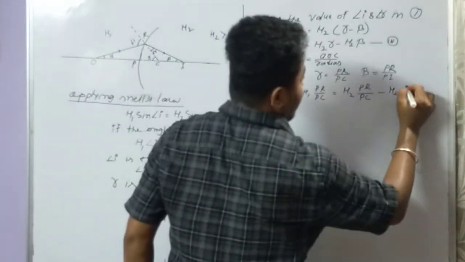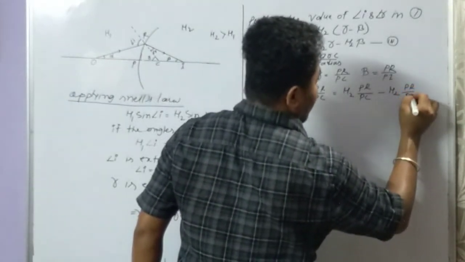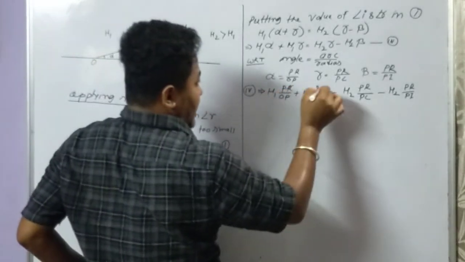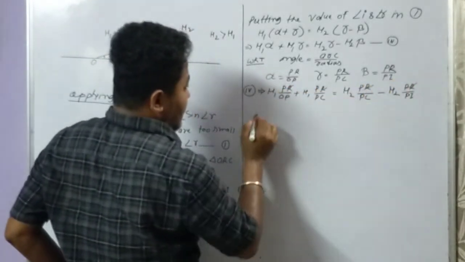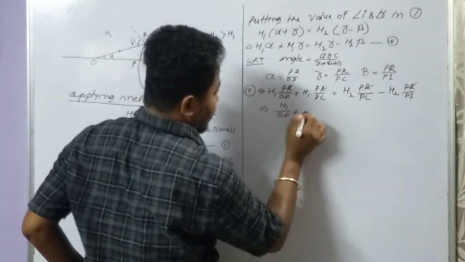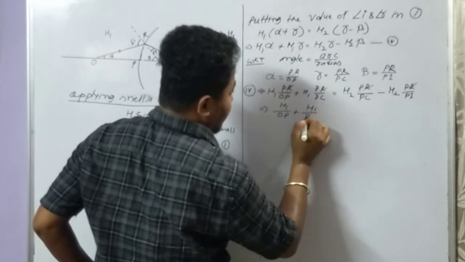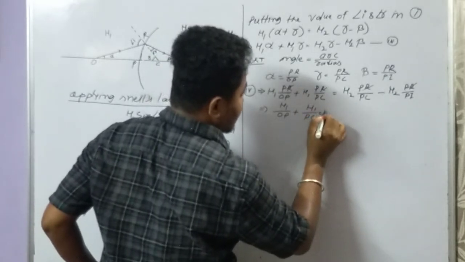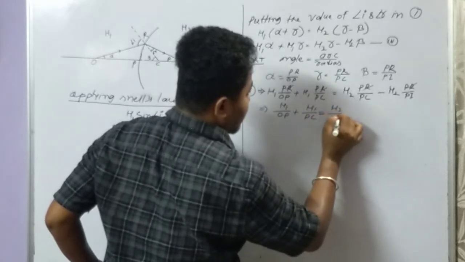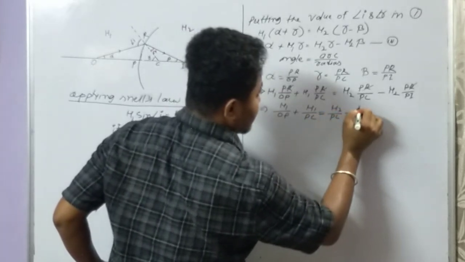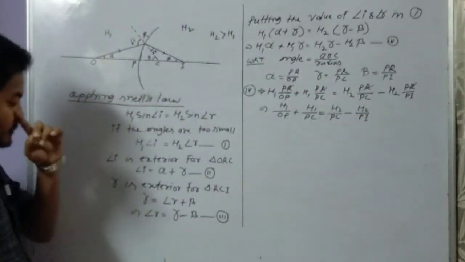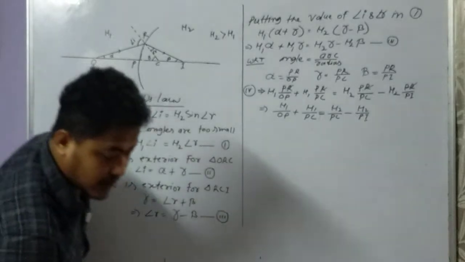Beta is PR by PI. Now if I cancel this PR, this PR, this PR, this PR, I'll find mu1 by OP plus mu1 by PC is equal to mu2 by PC minus mu2 by PI. Understand?